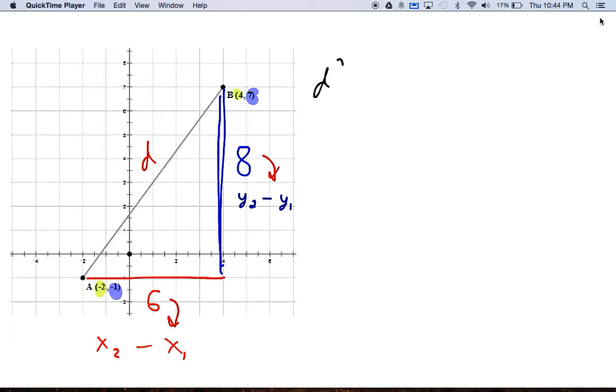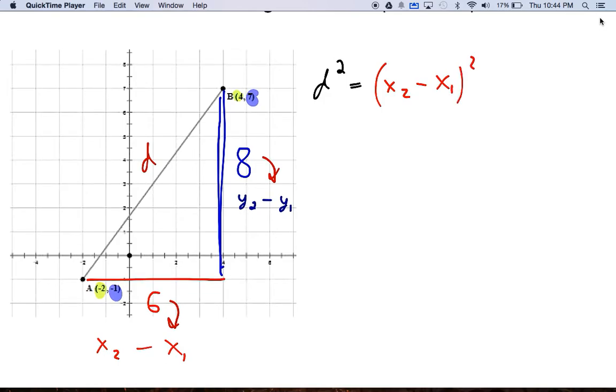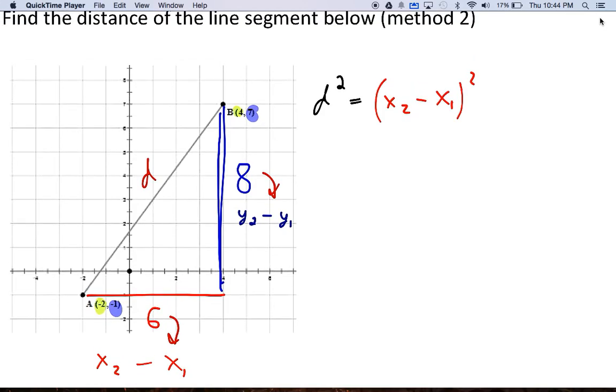D squared equals, and A was x2 minus x1 squared, and B was y2 minus y1 squared.